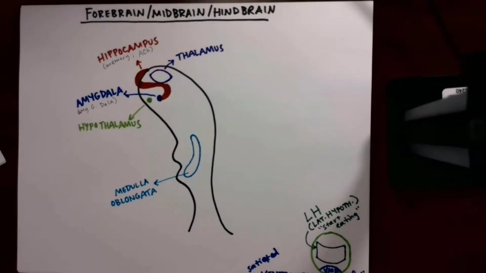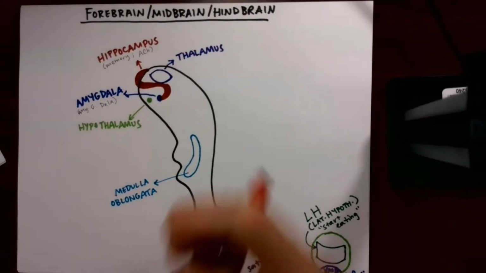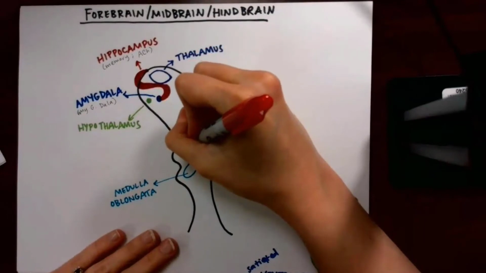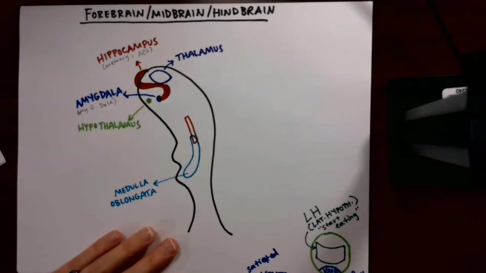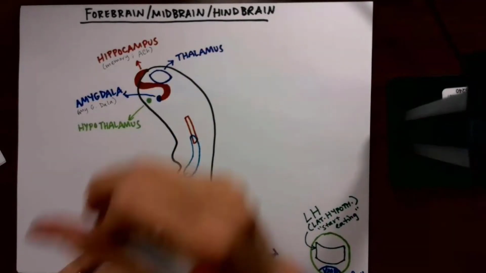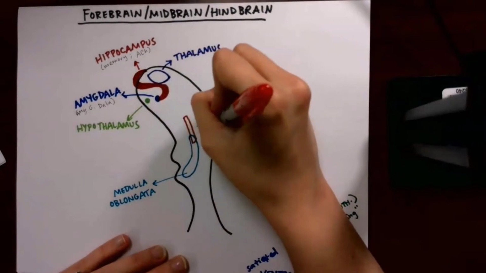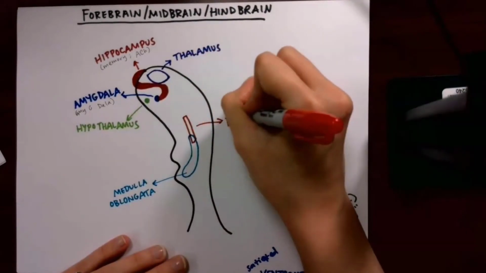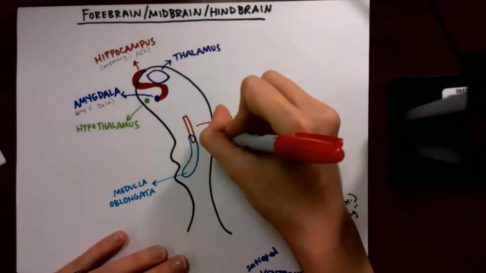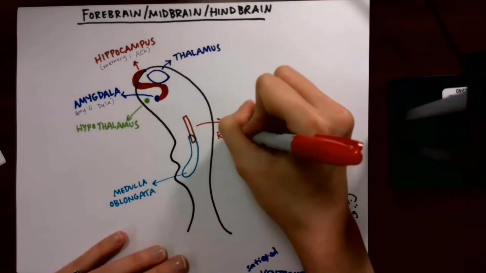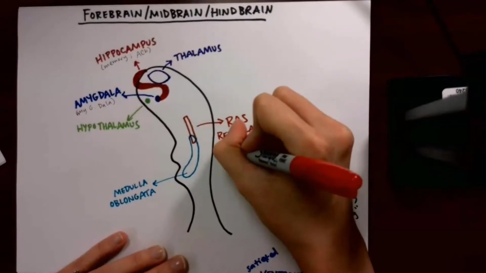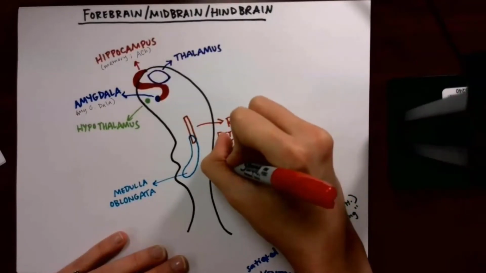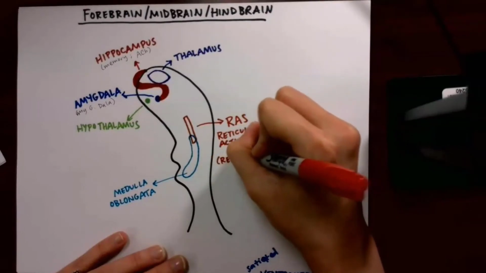All right, next I'm going to get a red marker and I'm going to draw, coming out of that, overlapping a little bit, a small rectangular kind of thing. Right? And this is called the RAS, which stands for the Reticular Activating System, or the reticular formation.